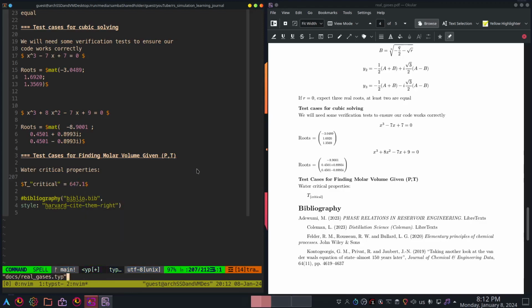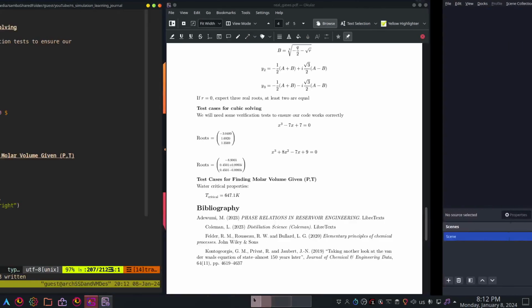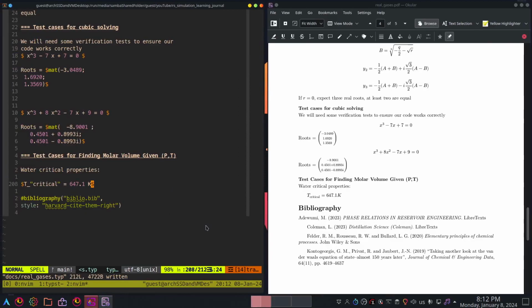647.1. And actually, I'm not going to use the Vim keys anymore because I've heard some feedback that it was quite confusing. So just bear with me as I type. For water, T critical is this much.